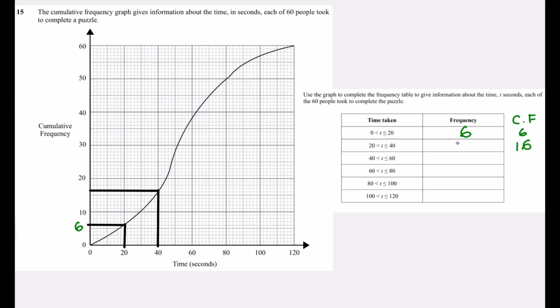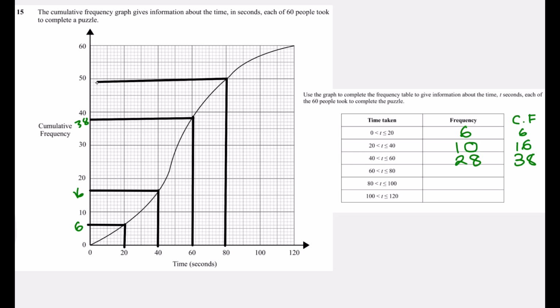We already had 6, so we need 10 more. Everything up to 60 is 38. We already had 10, so we need 28 more.